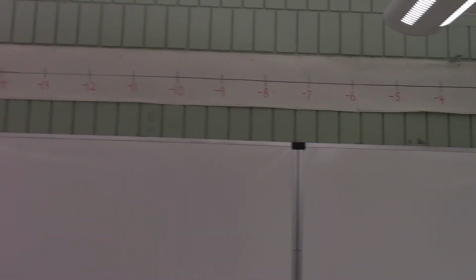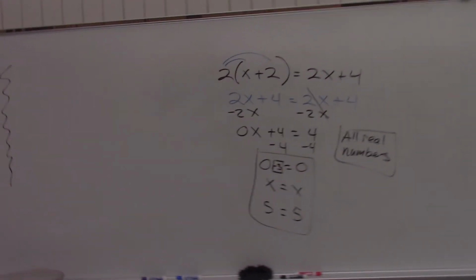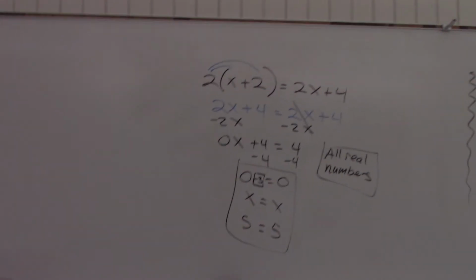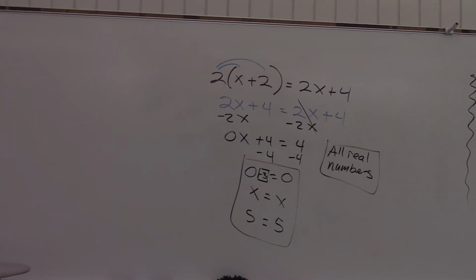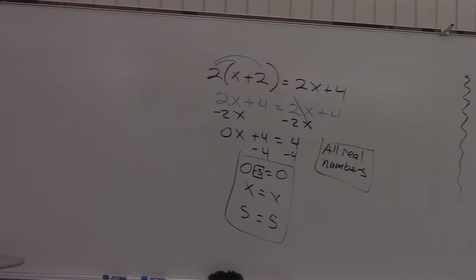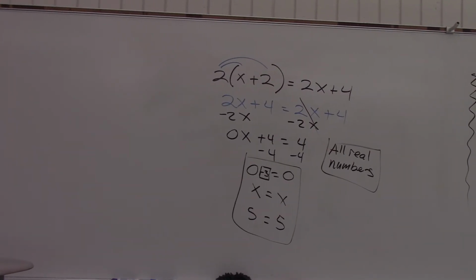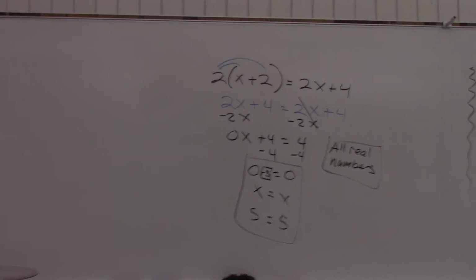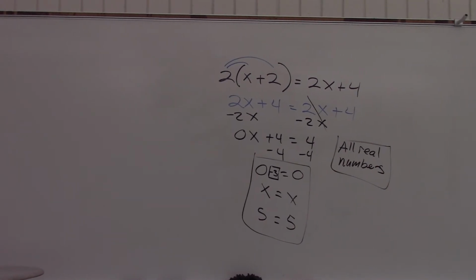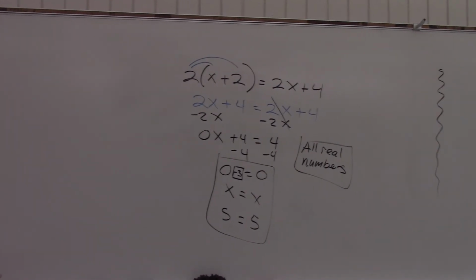That's what we're looking at here. So when I have a problem that says x equals x or 0 equals 0, what I've really got is any possible number. So that's your answer. If you ever see something where that is your final answer, all you have to do is write all real numbers.